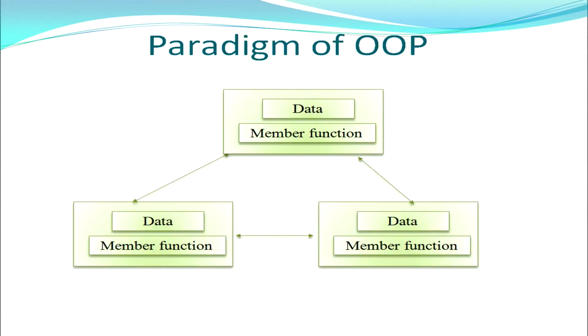If I talk about object oriented programming in general terms, then we have data and member functions grouped into a single unit. We call it an object. So, you will be working with multiple objects in a single program. Each object will be a unique entity on its own, will be processed by its own data.